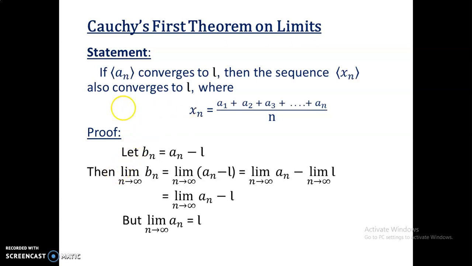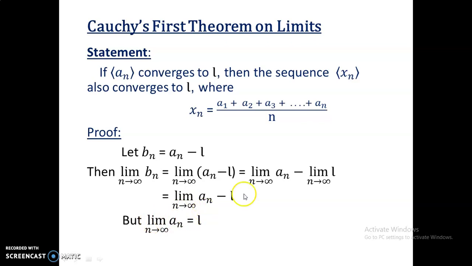Let us take b_n = a_n - L. Then you can apply the limit on both sides. The limit as n approaches infinity of b_n equals the limit of a_n - L. Since L is finite, the limit of a constant is the constant itself, so the limit of a_n is carried as the same term.